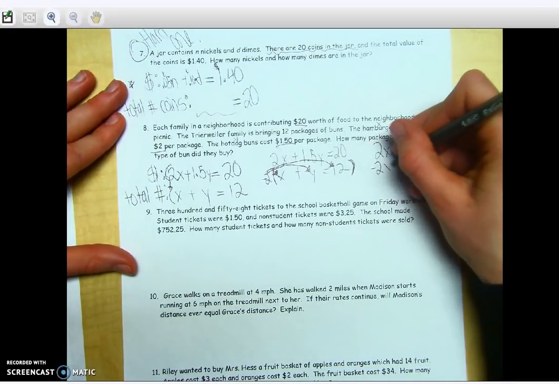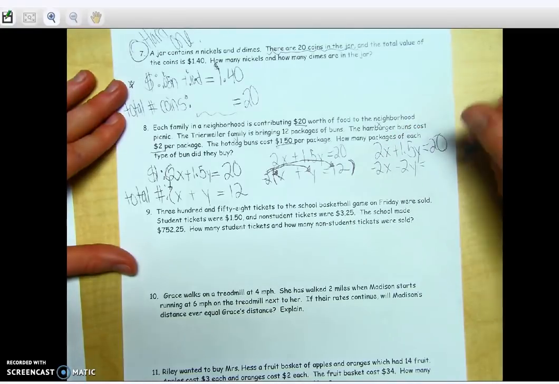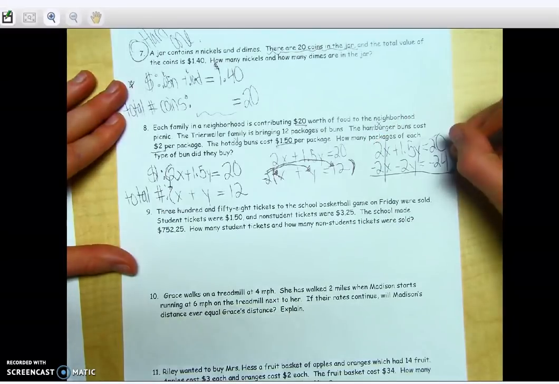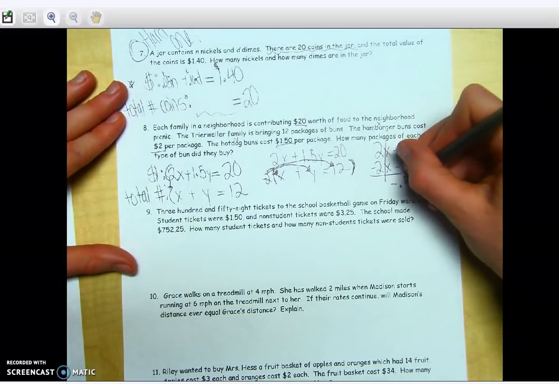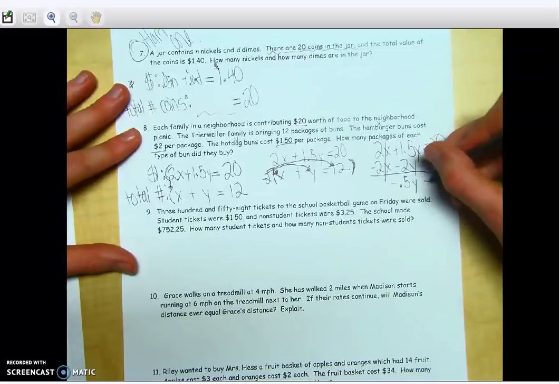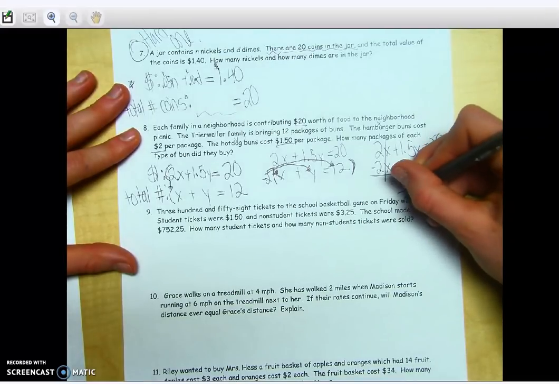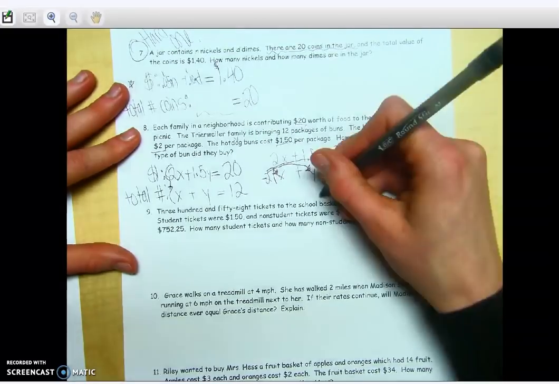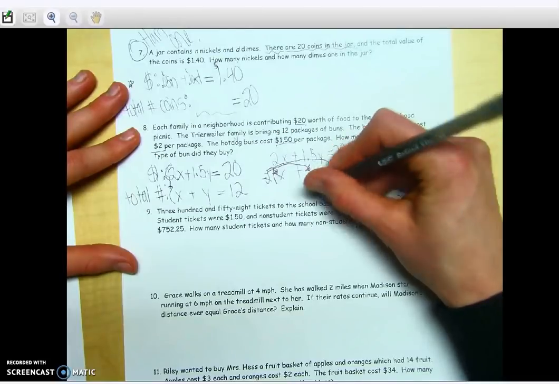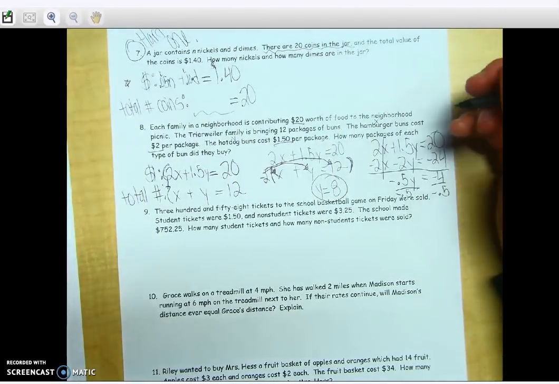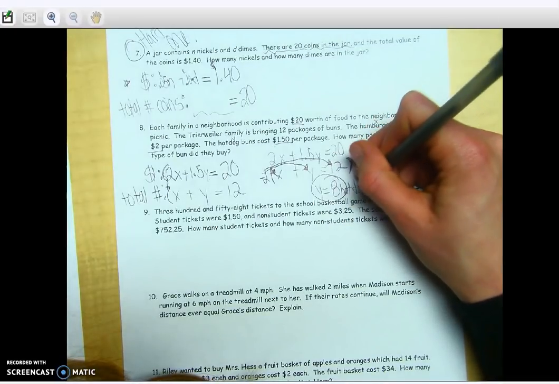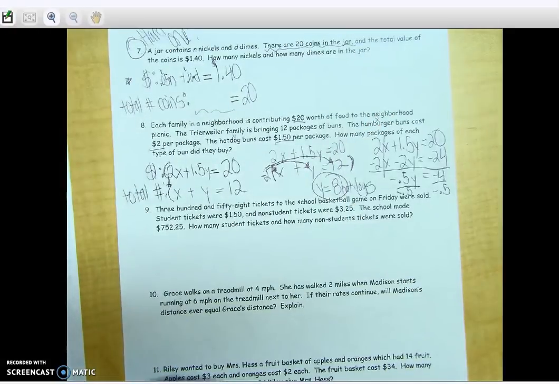And then -2x minus 2y is equal to -24. When I add these two equations together, I should get -0.5y is equal to -4. And then I can solve for y by dividing by -0.5. And I should get y is equal to 8. So if 8 is the number of hot dogs, you can figure out the number of hamburger buns.